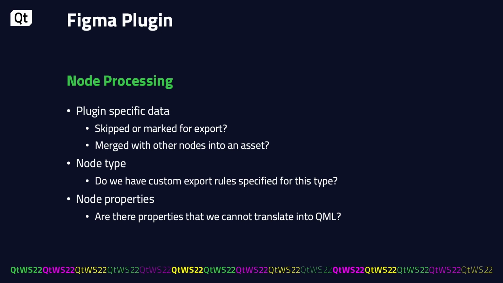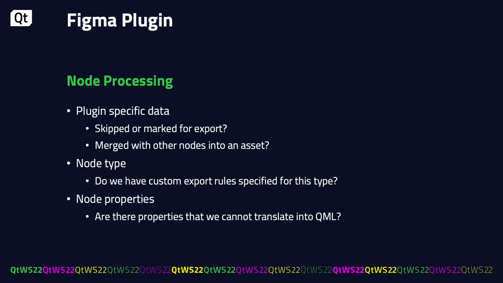Not all properties and node types are easily translatable between Figma and QML and QtQuick. All of them have hugely different implementations. During the export, the plugin always checks if there are incompatible properties and falls back to exporting something as an image asset instead. We're changing it step by step.